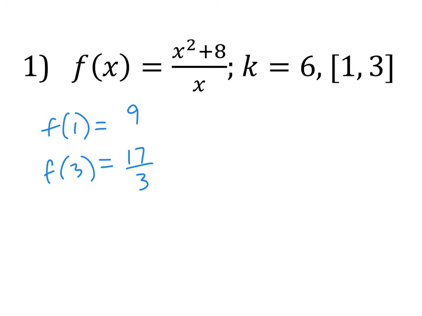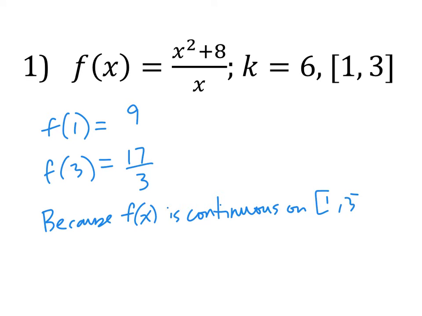All right, so let me help you write this. Okay, so something like because f of x is continuous on 1 to 3. That's important because f of x is not continuous everywhere, but it is continuous on 1 to 3. And which one's lower? F of 3 is lower. Please check. F of 3 is lower than f of 1. Okay?